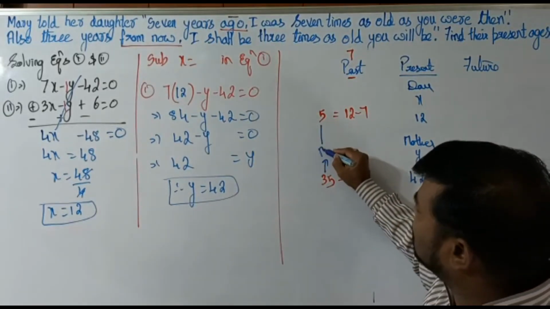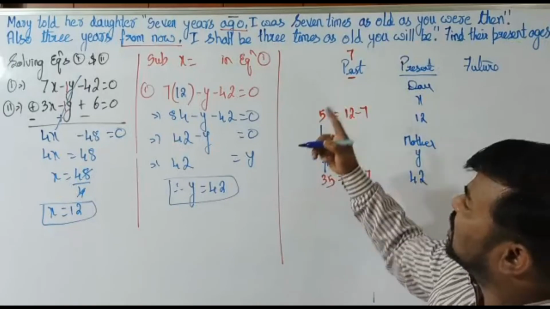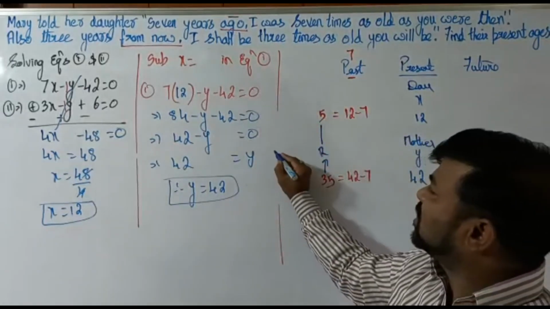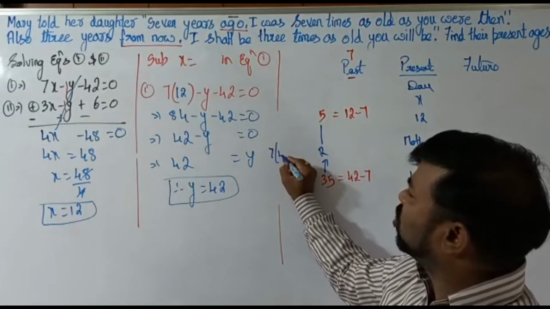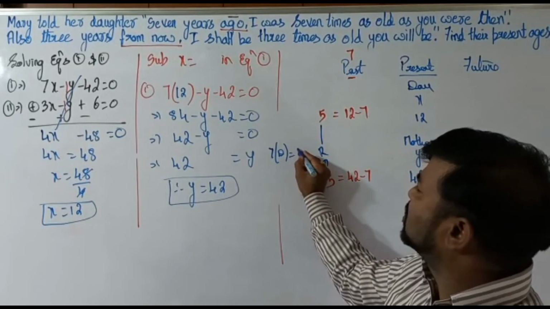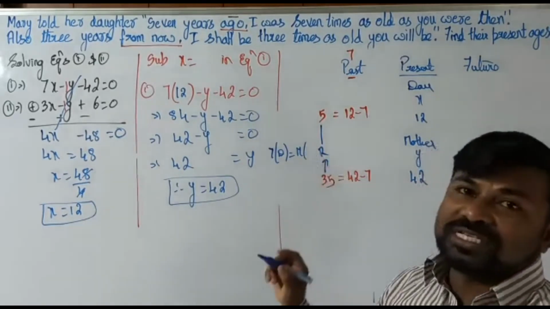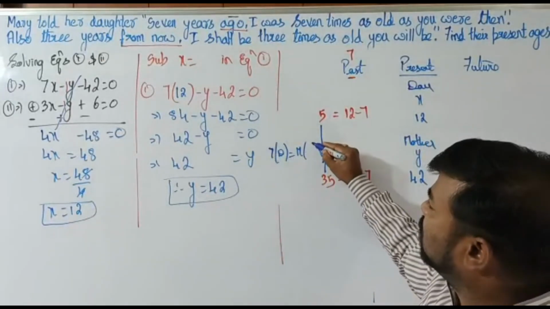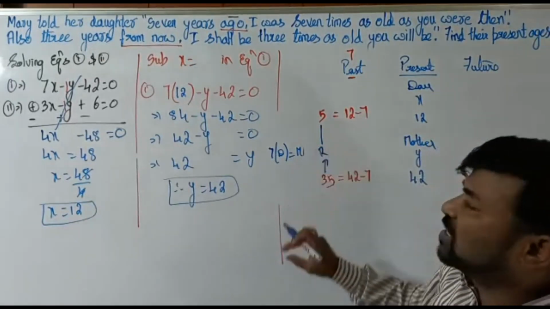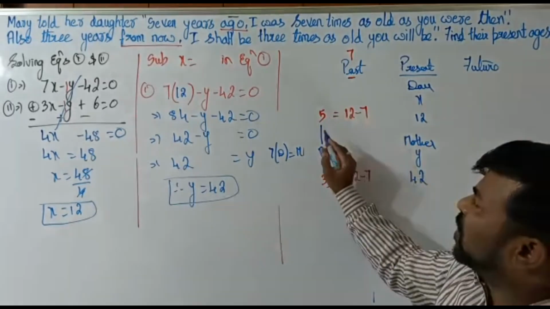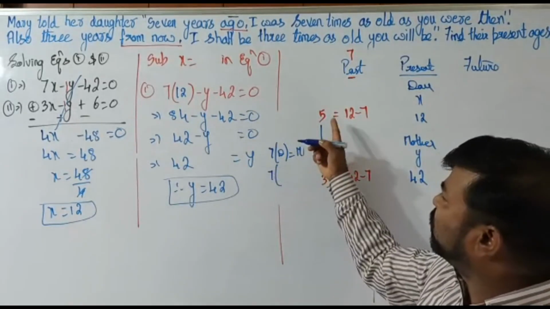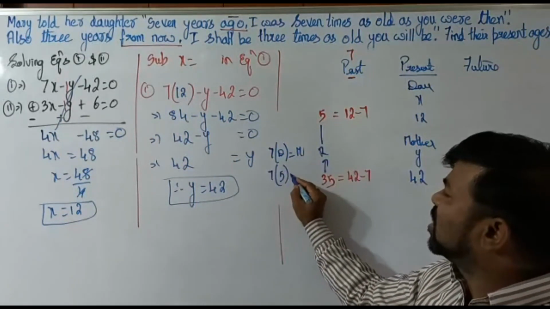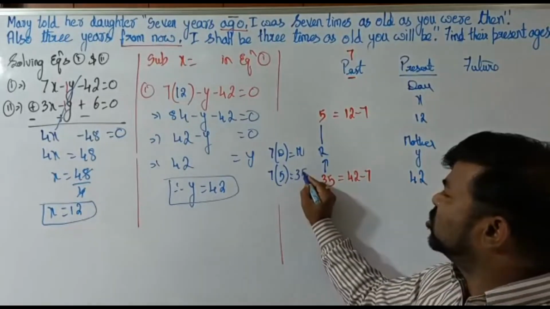But what is the relation he has given? Relation matters. He says 7 times the daughter's age equals mother's age. This is what he has given. So now let's multiply: 7 times the daughter's age, 5. Is it equal to mother's age?